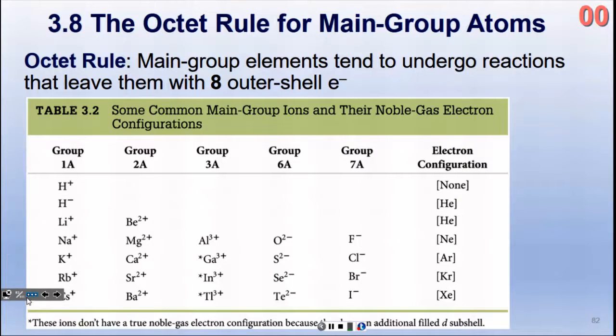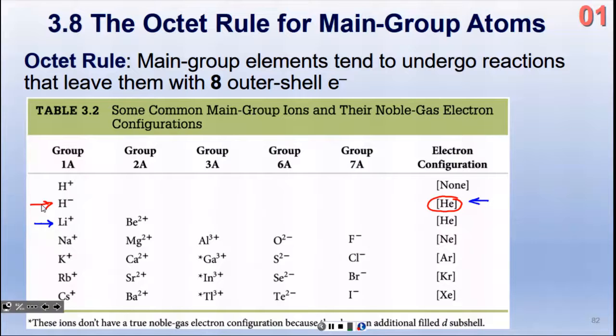And how does that work out? So things like hydrogen will lose 1. Well, that's not going to leave them any electrons. But the hydride ion gains 1, and it ends up with an electron configuration like helium. The lithium and beryllium ions with +1 and +2 charges end up with exactly the same configuration as helium.